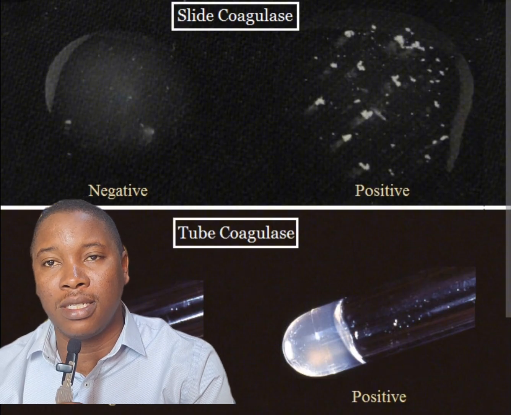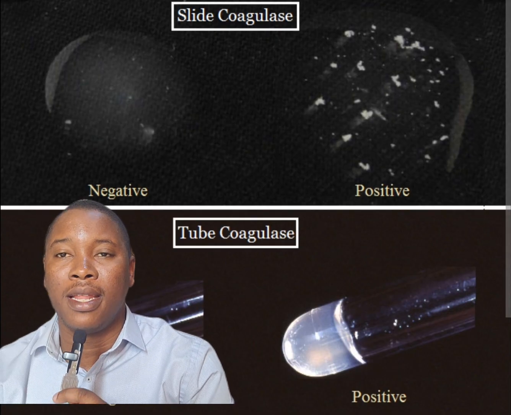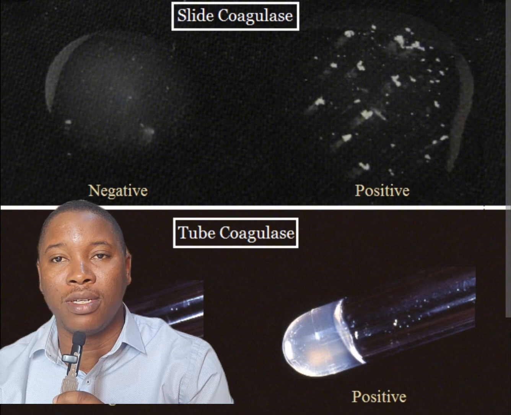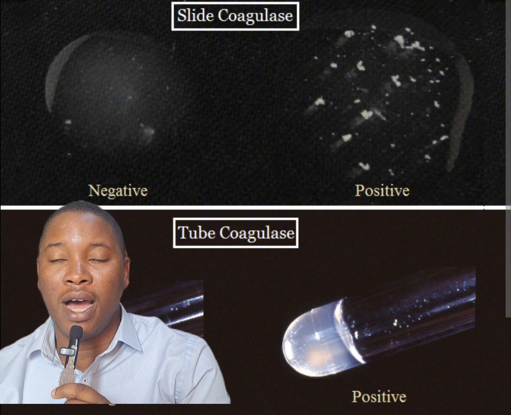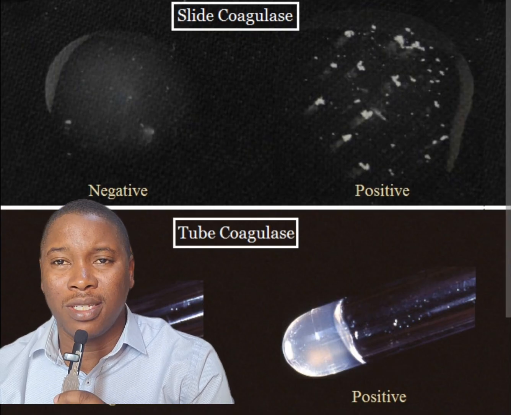Now, for free coagulase, it's simpler, and like I told you, the free coagulase is the one that has been secreted by the organism into its surroundings. And when you have the secretion of this free coagulase into the surroundings, then you have a test. The test is simple, it's a test tube test. So just the simple things too.